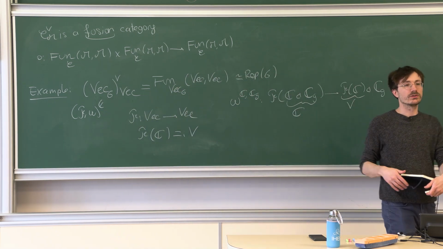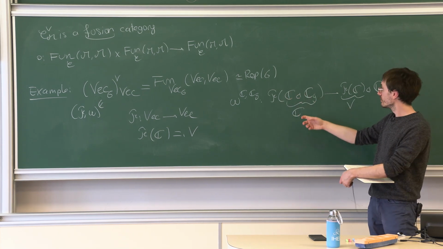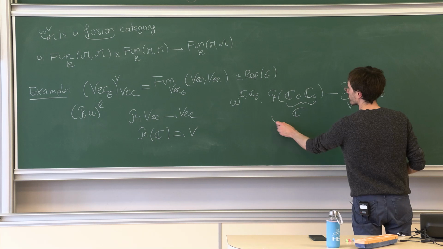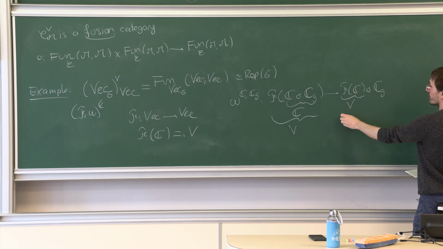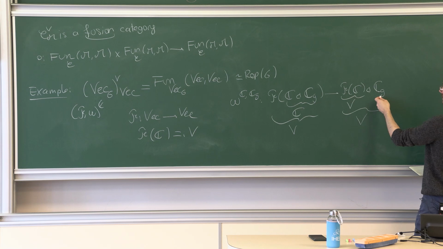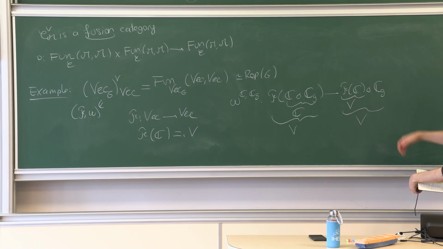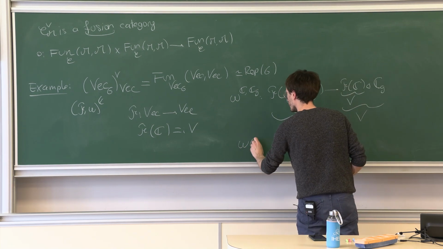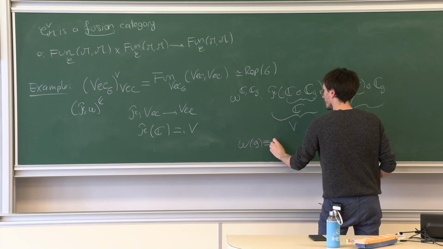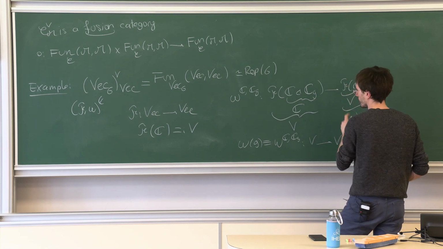You just forget that you have some group elements. So here it's just the tensor product of C with C, so it's C again. And then the action of this on C is V. Same story, the way this acts, you forget the G, and then you just tensor with the one-dimensional vector space, so nothing happens. So this thing is just a map from V to V, and I'm just going to write it down like this.